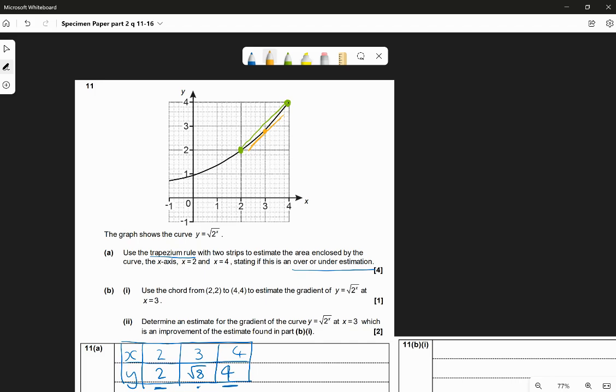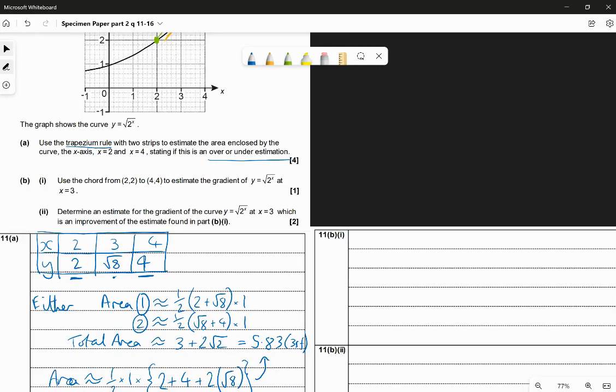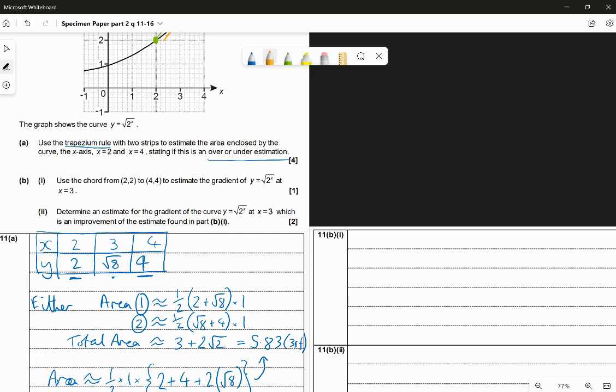Okay. The problem with gradients of tangents is that we only have one coordinate. If we have a chord, we have 2 coordinates, and we can do the gradient, which is the change in y over the change in x. Okay, so we're going from 2,2 to 4,4. The change in y is 2, from 2 to 4.